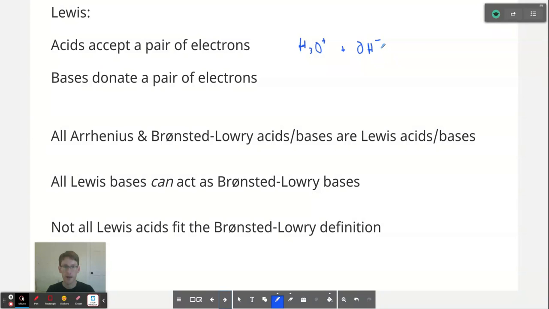Let's look at it like this. They'll form water, right? But we can say that the oxygen has a lone pair of electrons on it, and that lone pair can be used to pick up an H off of the H3O plus. In fact, if I really wanted to, I could draw out H3O plus as looking like this.